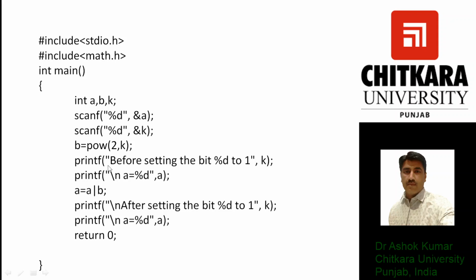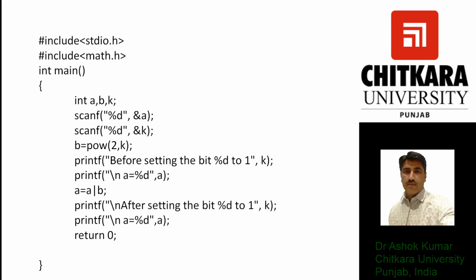Now if you want to set that bit, you have to perform a OR b operation. So here the pipe symbol is basically for the bitwise OR operation. It's a bitwise OR operator. So this will OR the bits of a and b, and the result that you will get will be copied back to the variable a.